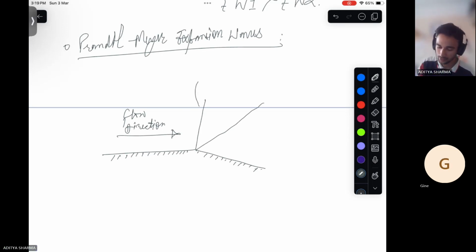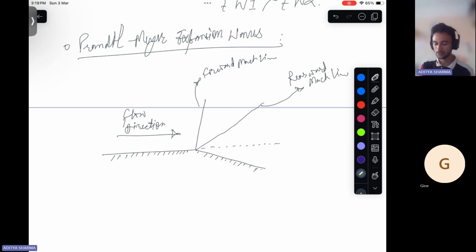This is the forward Mach line and this is the rearward Mach line. All right. So you just draw these dotted lines in the direction of the upstream flow, right?